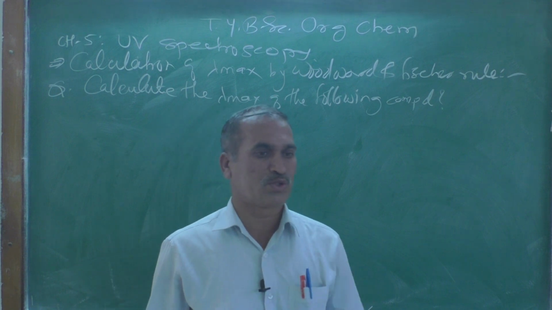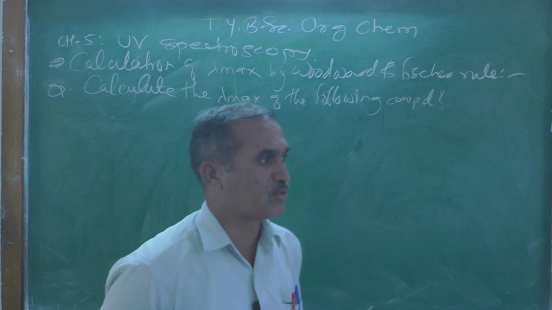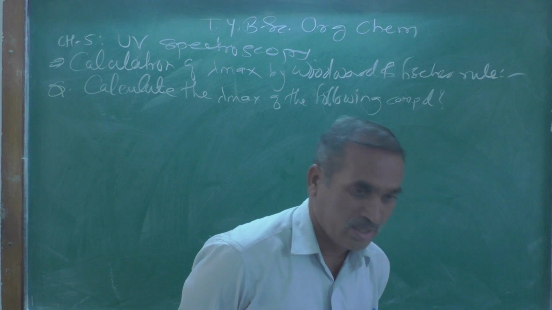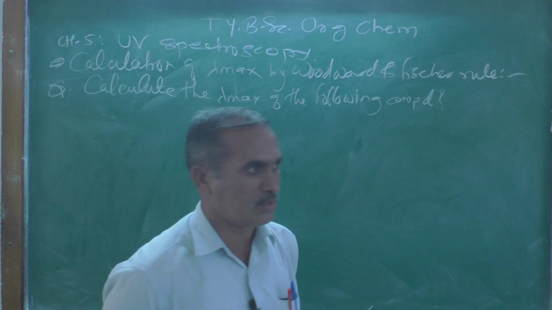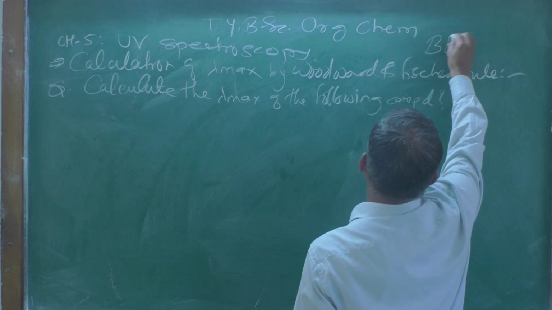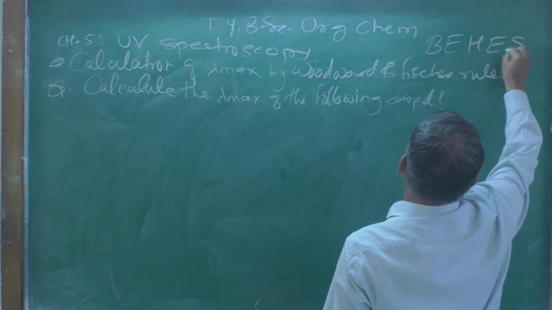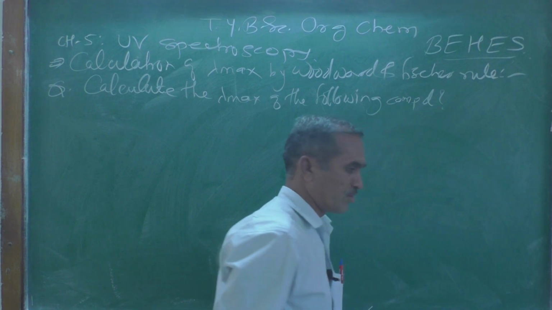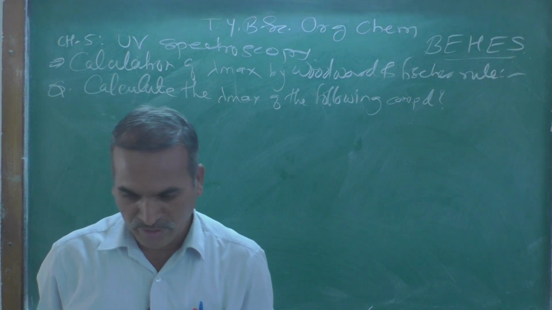So how do you solve it? What are the points required? I already told you there is one short form you can use, that is BEHES. This is a 5-letter short form.